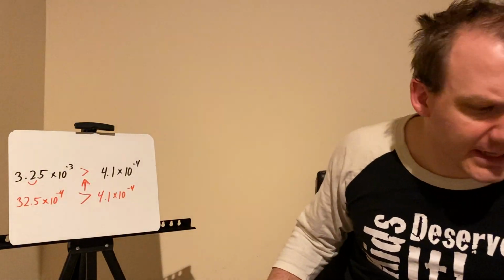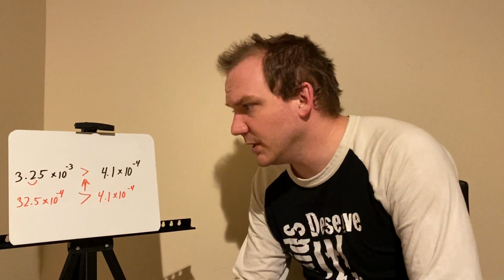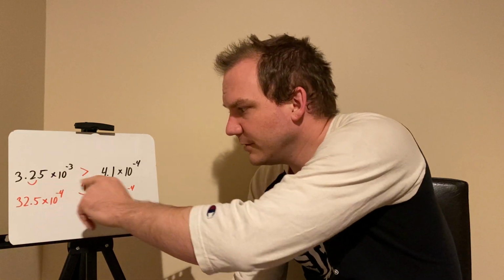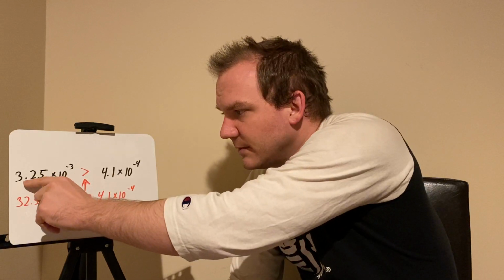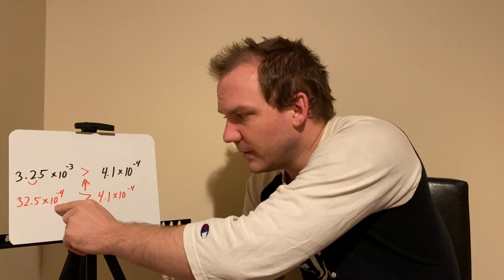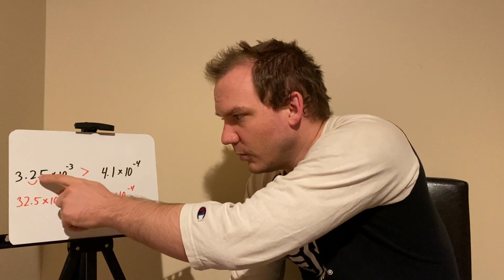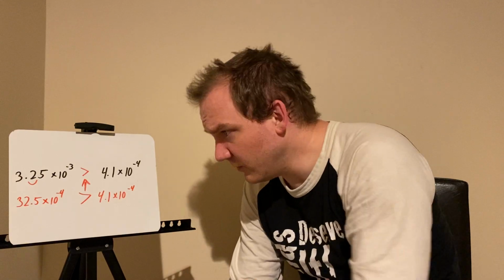So, here's some things we can do. We want to compare numbers in scientific notation. For example, I have 3.25 times 10 to the negative third and 4.1 times 10 to the negative fourth. What I had to do is move the decimal point because to compare, you always want your powers of 10 to be the same. So I moved my decimal point 1 to the right. And when I go to the right, I add a negative 1 to the exponent.